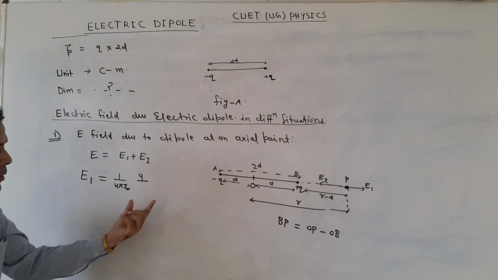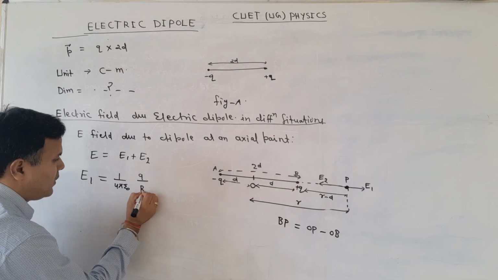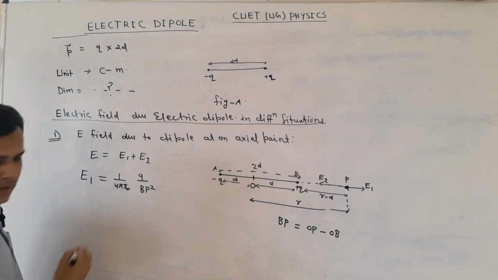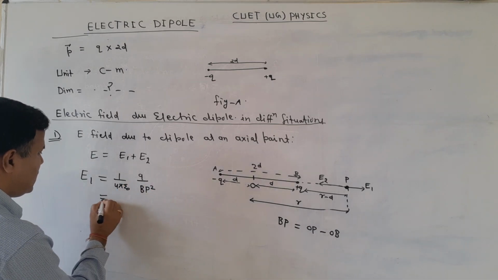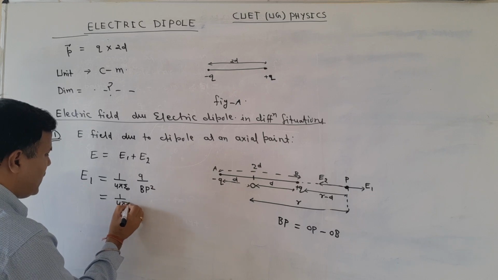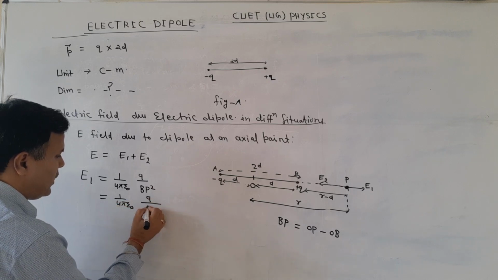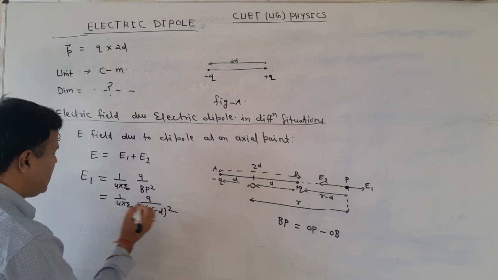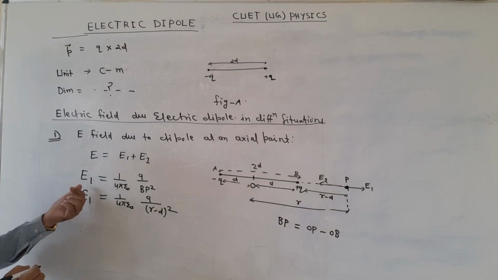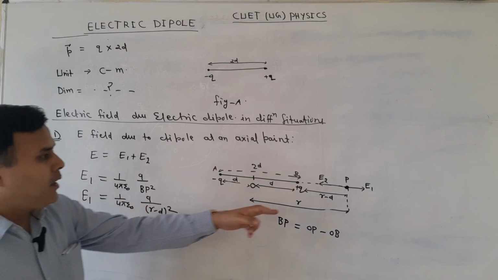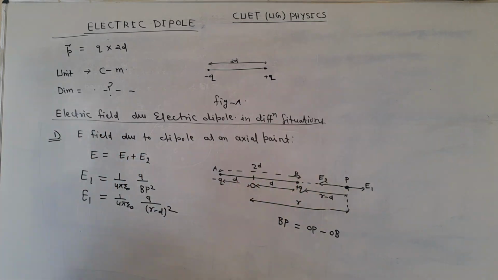So this is BP squared, and we can write it as r minus d. So E1 is 1 upon 4 pi epsilon 0 q by (r minus d) squared. This is the electric field at point P due to the positive charge.